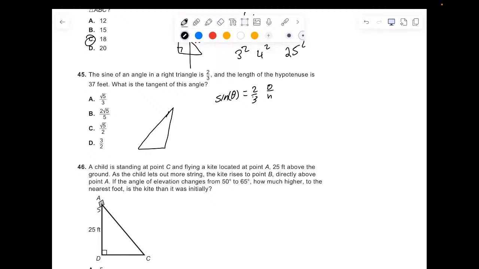The opposite is 2, hypotenuse is 3. The length is 37 feet. Oh, I see the issue here. So this is 37.